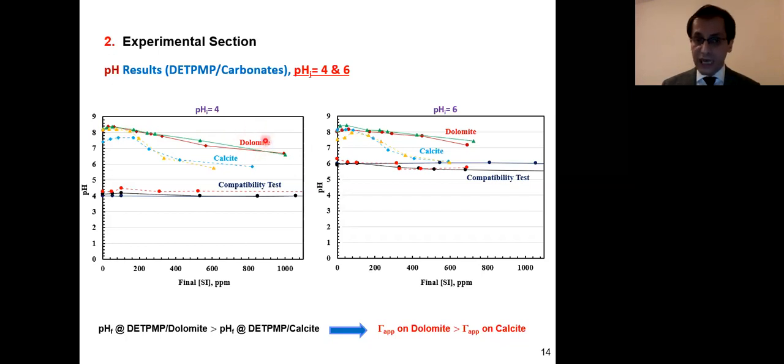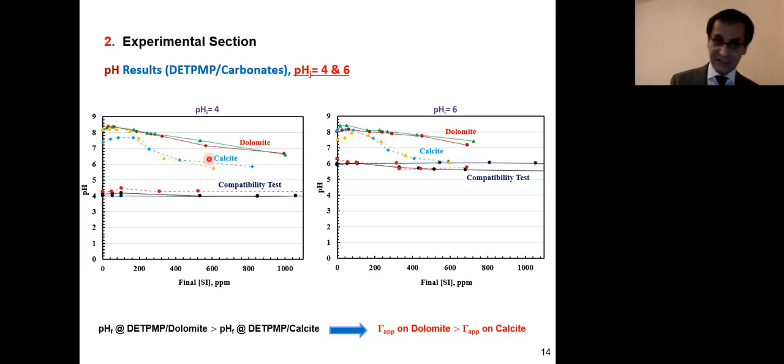Now, if you look at the final pH for dolomite DETPMP and calcite DETPMP, you can figure out that the final pH for dolomite DETPMP is higher than calcite. It indicates that DETPMP in the dolomite DETPMP system is more highly dissociated compared to that in the calcite DETPMP system.